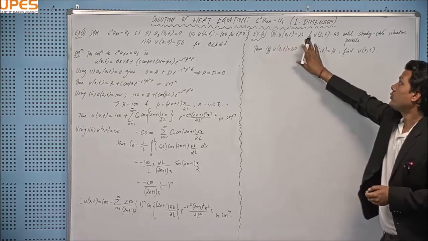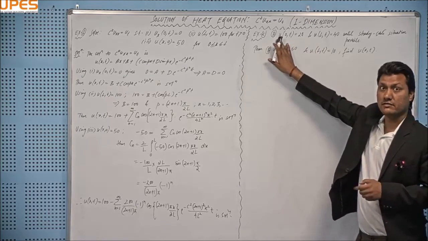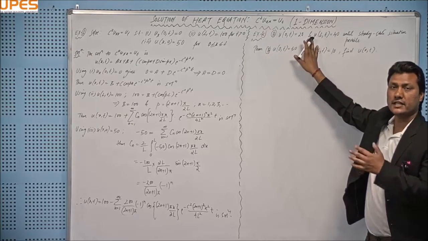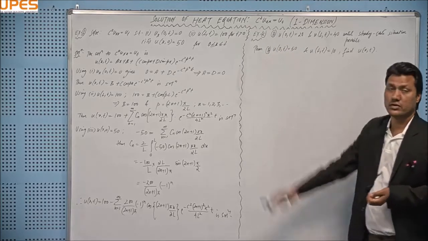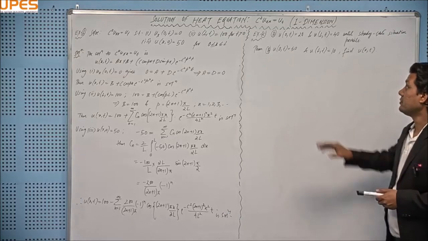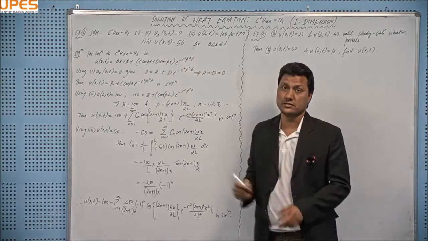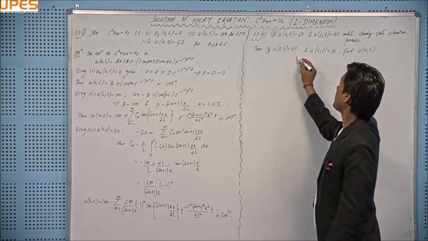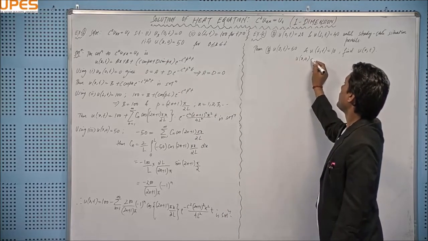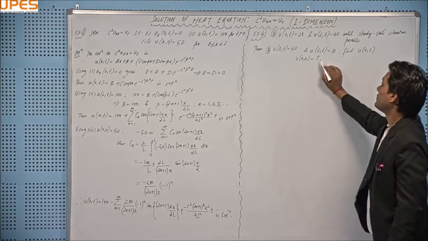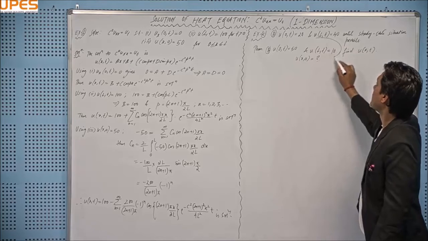The output of the A part, the function f(x), u(x,0) equal to f(x), will be given from here, and that will be taken in part B of our experiment. You can see that we don't have u(x,0) equal to f(x) here, and our main target is to find u(x,0) equal to f(x), which will be given by the output of this.